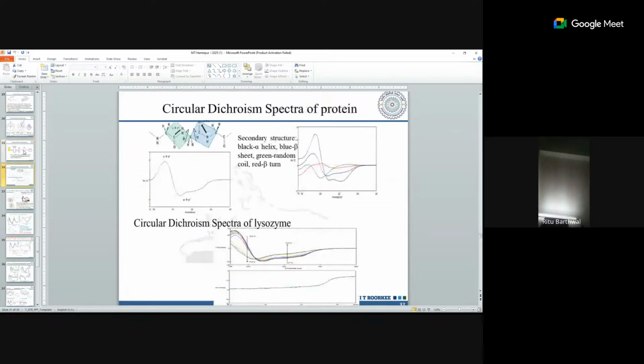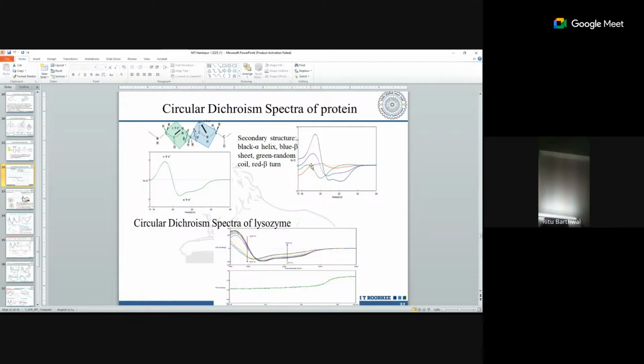Going to slide number 32, this I will quickly tell you. This is CD spectra, and because of the peptide bond, n to pi star transition and pi to pi star transition, we get different CD spectra. This particular one is because of alpha helix. This is beta sheet. This is beta turn, and the red one, green one, is random coil.